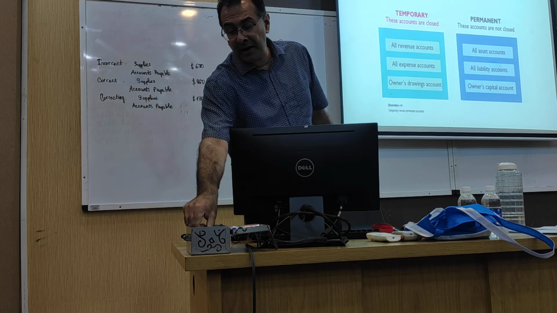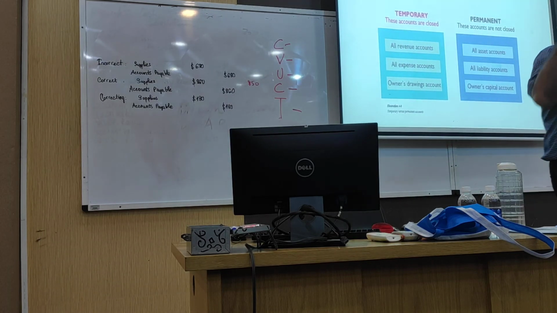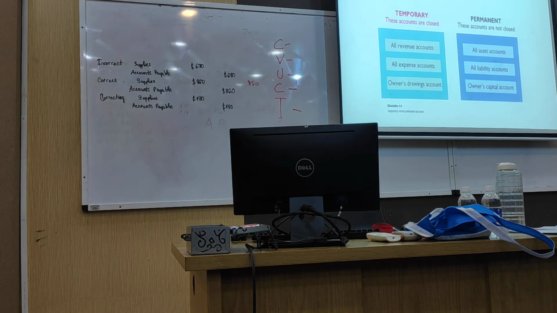You can see here in our accounts, you now know we have 6 types of accounts: asset, liability, capital, drawing, revenue, and expense. Now, all of you are not color blind. What color is this?